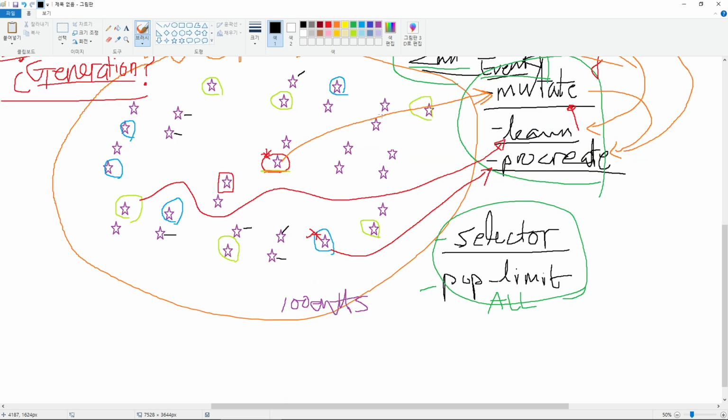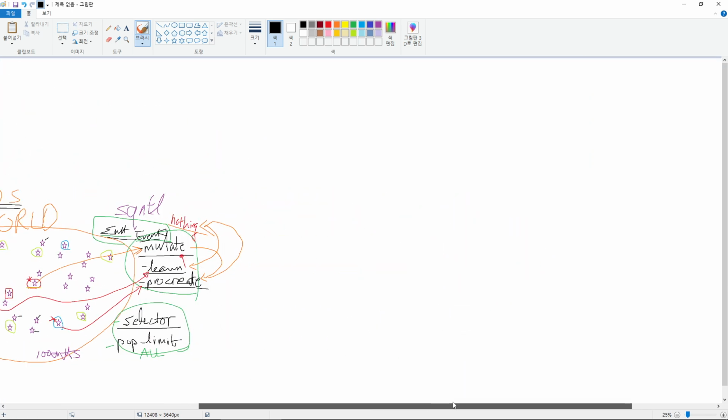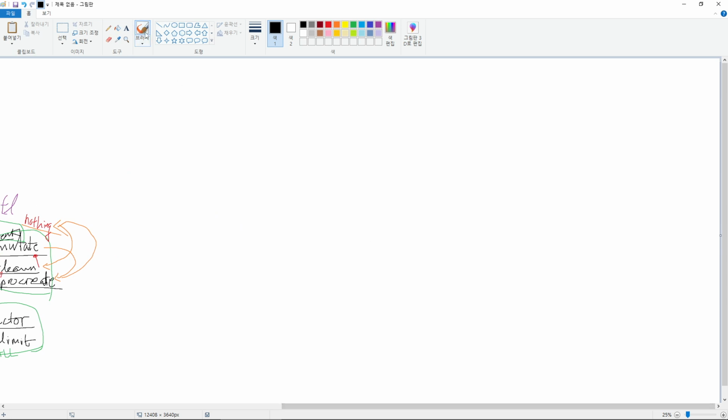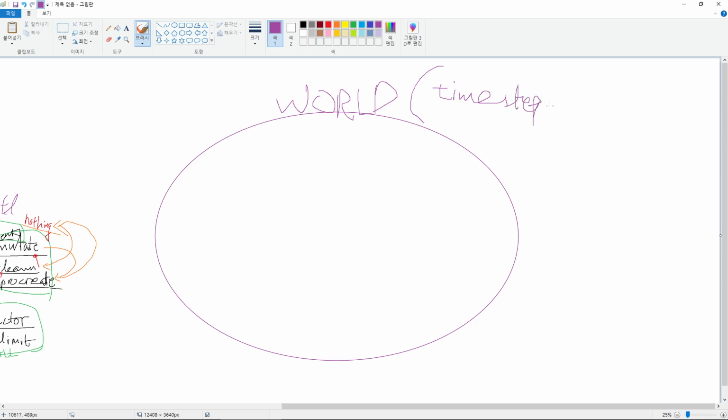So for this, ideally, I'll first go over what I actually need to do, what's actually ideal. Let's make it purple again, and then this is the world, given a time step. NN maybe.